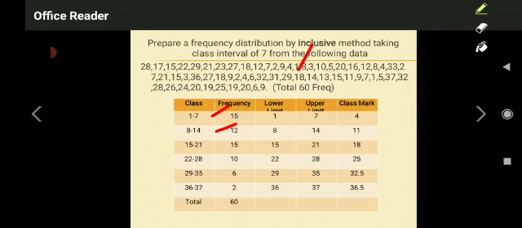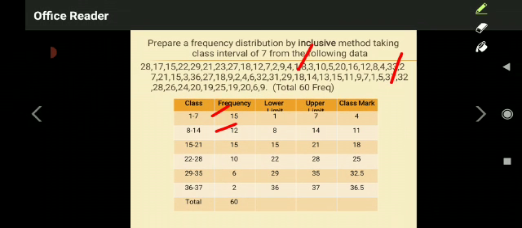Where is that 37? Look at this. This is the 37. So 37 you have to take in the last class interval as the upper limit.